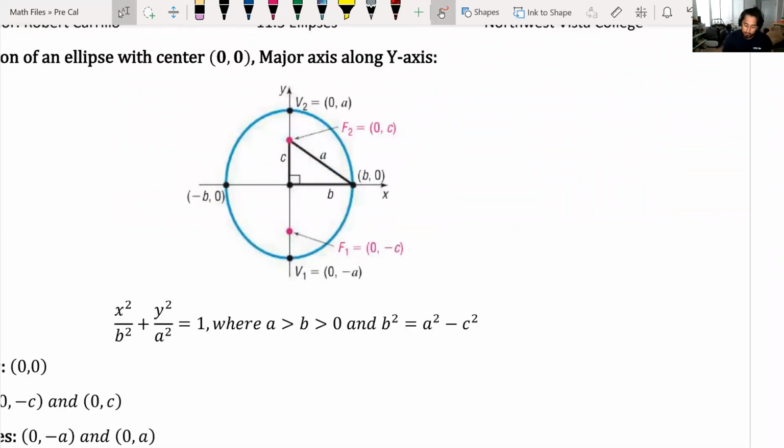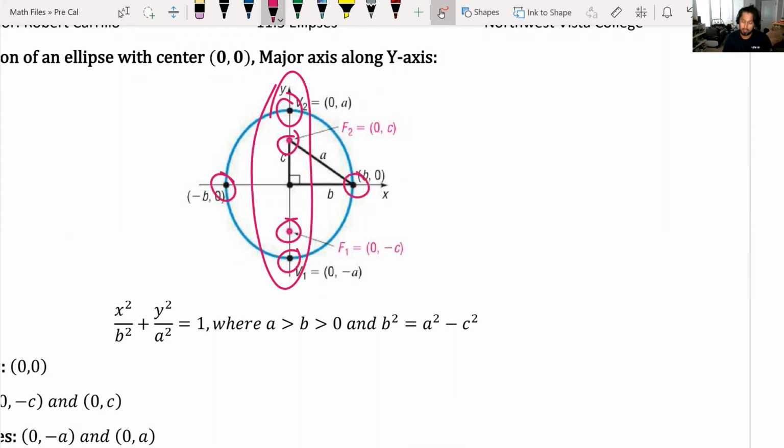And we see that now, once again, the major axis is the y-axis. So it has the vertices above and below. It has the foci as well on the same line. And now your minor points are to the left and right of the ellipse. Okay. So basically we just took it and flipped it, right?